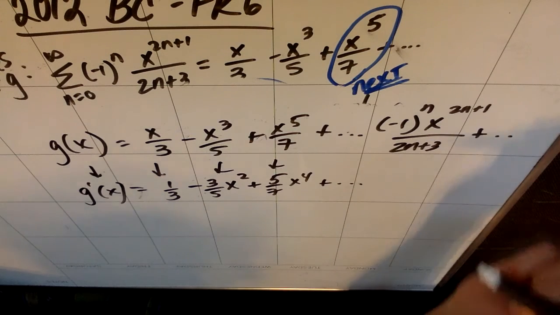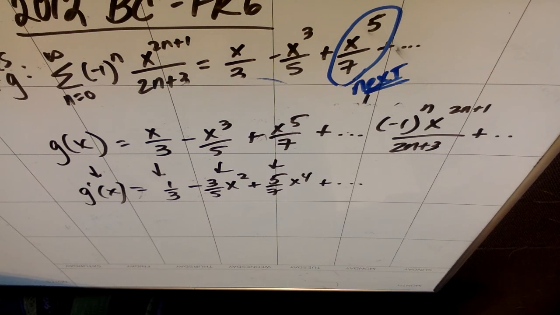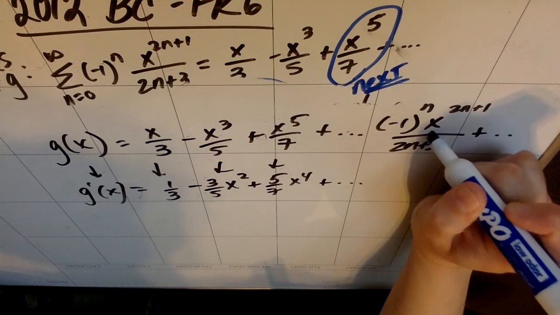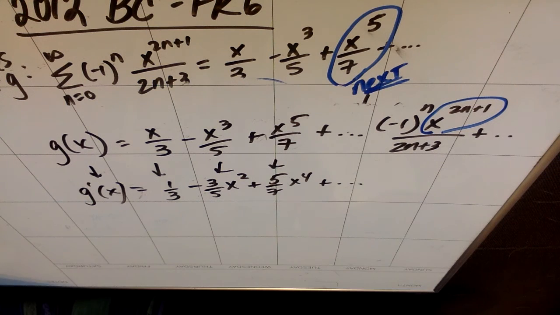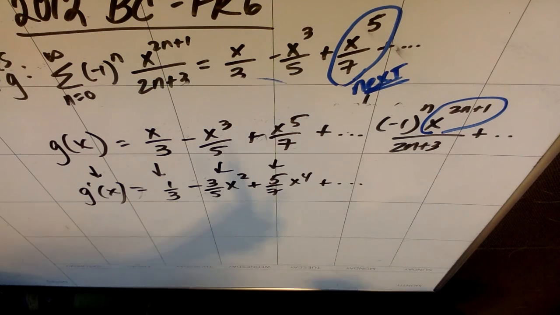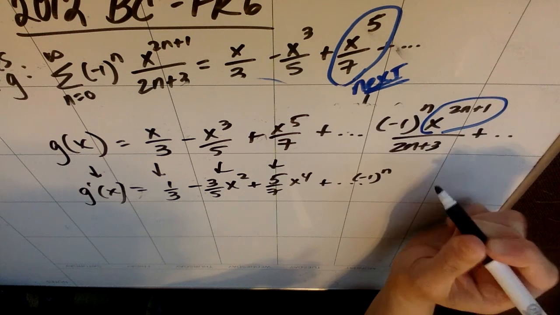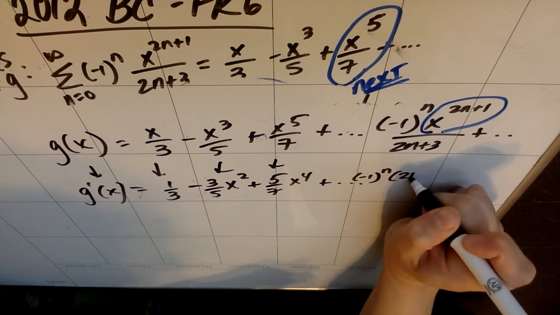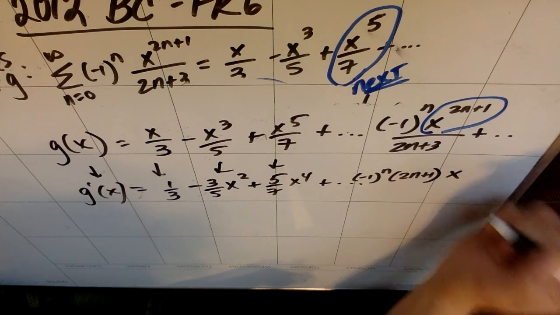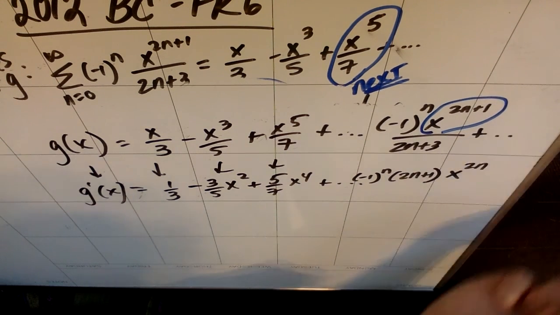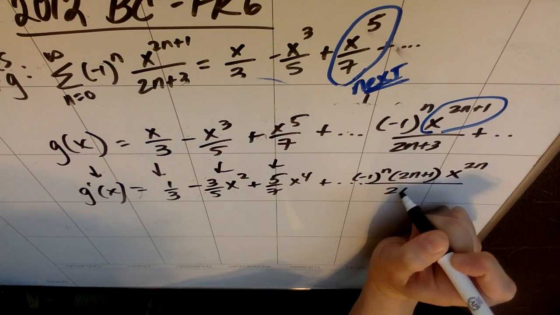So now when I derive this, remember that the only variable here is this x to the 2n plus 1. Everything else is a coefficient. So I'm going to get this negative 1 to the n, and I'm going to drop the power down in front, so that'll be a 2n plus 1. x to the, I lower the power by 1, which makes it 2n, all over this 2n plus 3.